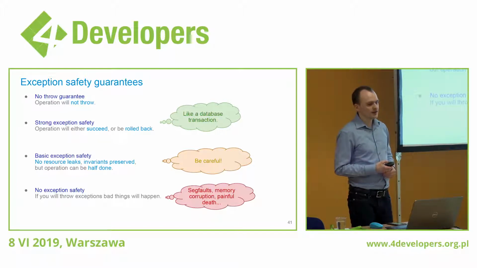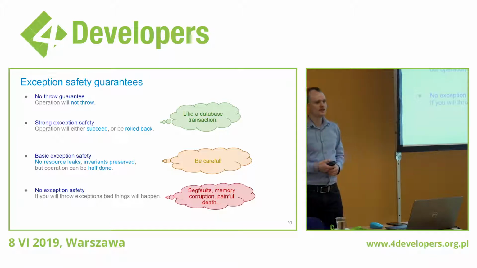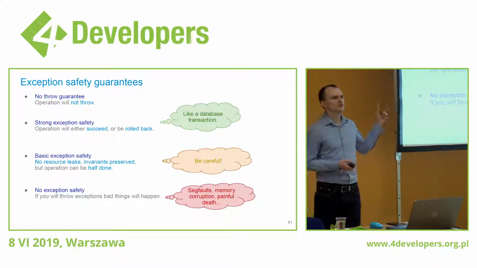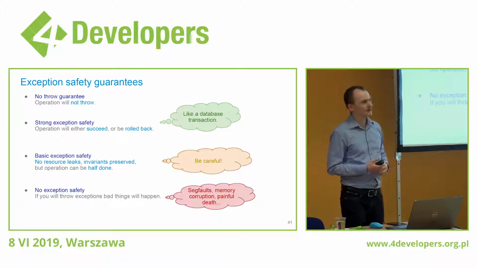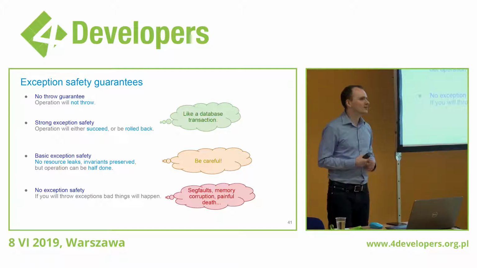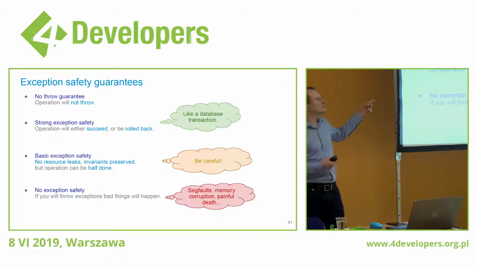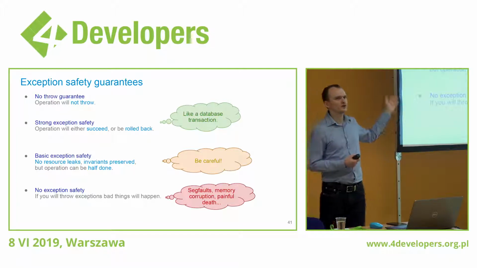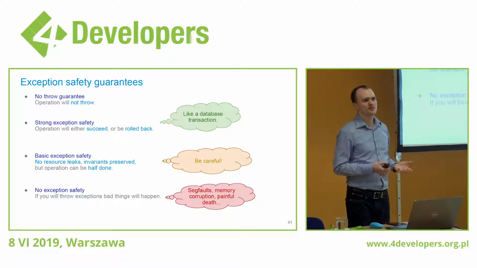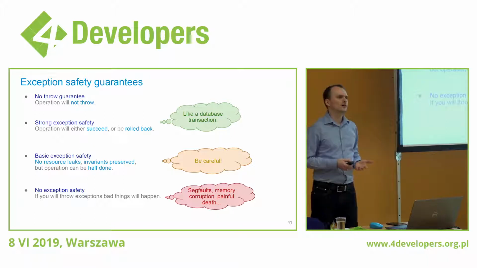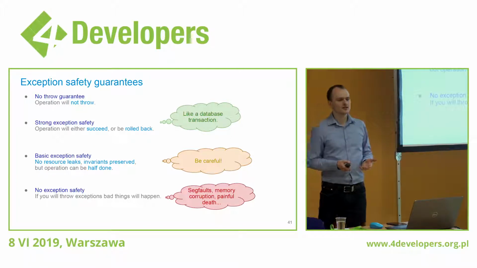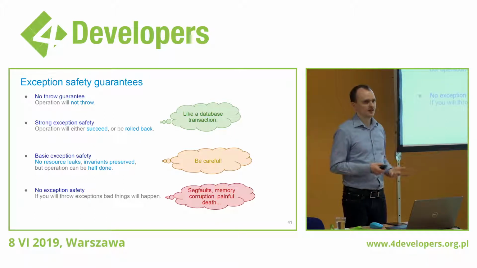And the funny thing about exception safety is that it is really not specific to exceptions. When you are using error codes, you really have to know about this exception safety also. That's why a lot of people are starting to call this failure safety.